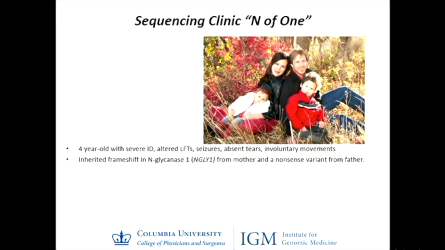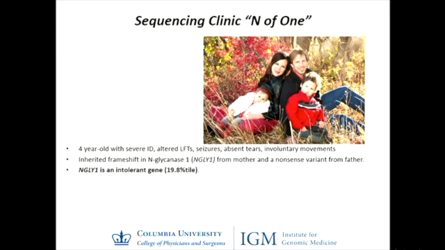When the exome sequence was interpreted by Dr. Anna Need and Dr. David Goldstein back then, what they identified was that Bertrand had inherited a frameshift variant from his healthy mother and a frameshift and a nonsense variant from his healthy father in a gene called NGLY1. Now, both mum and dad were clinically normal. They had no particular phenotype that would make them look suspicious, but Bertrand's phenotype was fairly severely devastating.